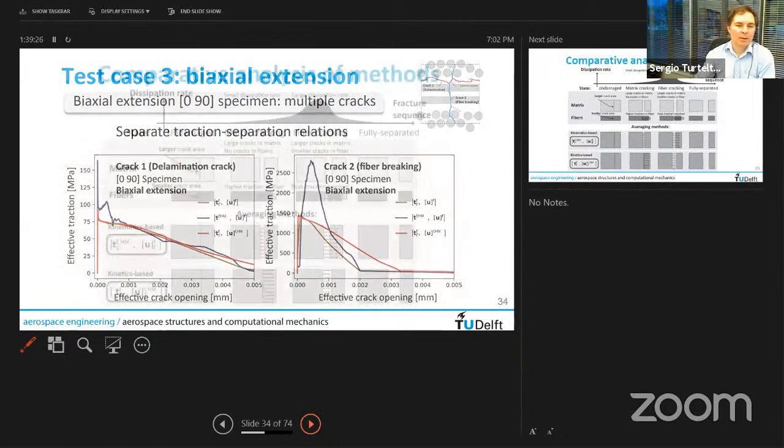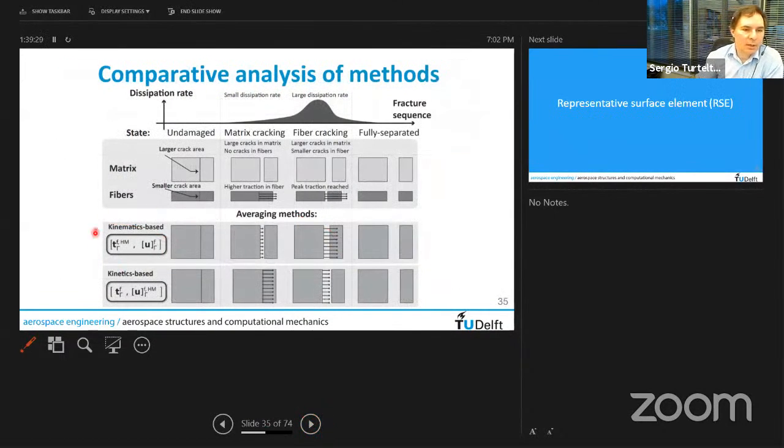All right. Okay. So this is the kinematic space method, whereby we adjust the traction to satisfy the Hill-Mandel condition, whereas the crack opening is just a geometrical average. So we take how much the cohesive elements have separated, we take an integral, and then we take the average from there.